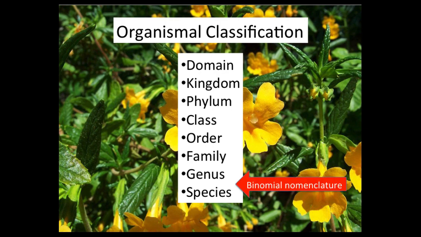And the system that we use to name every single living organism is called binomial nomenclature. Let's look at the root words here. Binomial, bi means two, nomial means name, and nomenclature is a naming system. Therefore, every living thing gets both a genus and a species name.